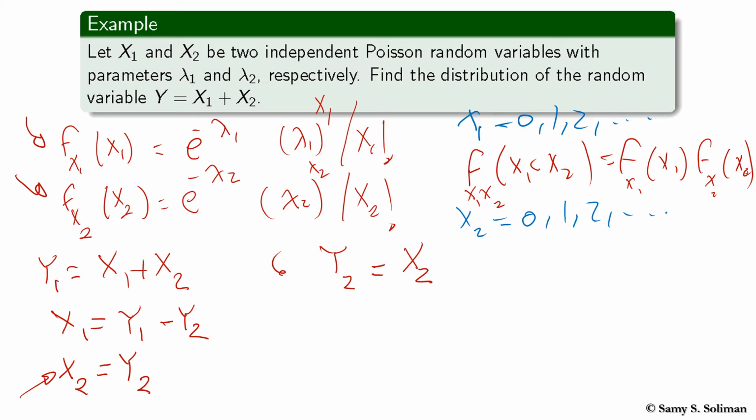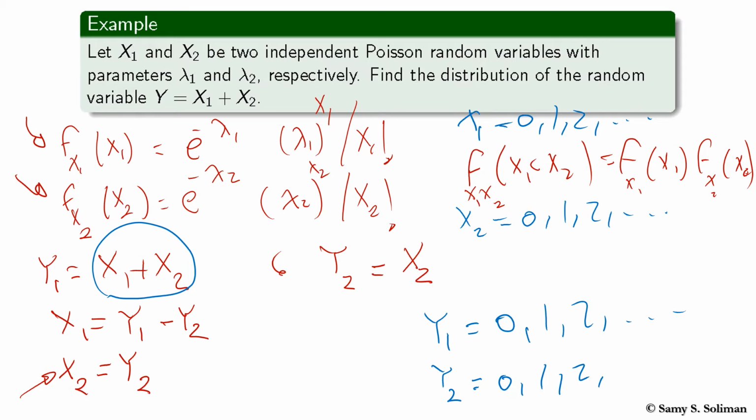For the random variable y1, since it is equal to x1 plus x2, y1 can take values 0, 1, 2 and so on to infinity. For y2, here is the tricky part: y2 is equal to x2, so it can have values 0, 1, 2 and so on.